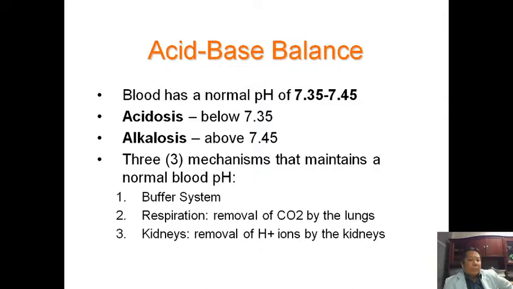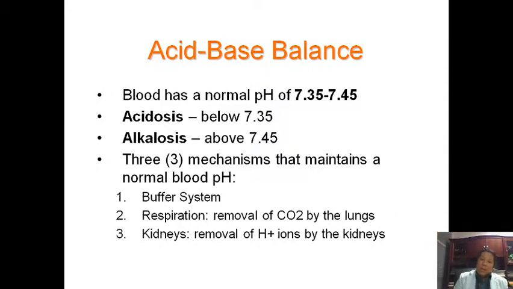So, every day, the human organism is bombarded with a lot of basic and acidic compounds. And if we don't have a fully functioning respiratory system and kidneys, then the body can easily succumb to these elements of acidosis and alkalosis.